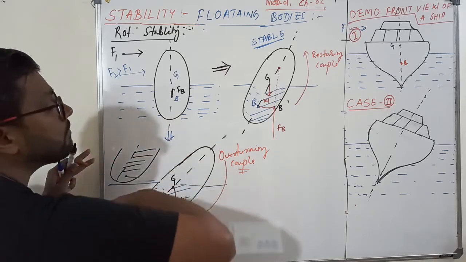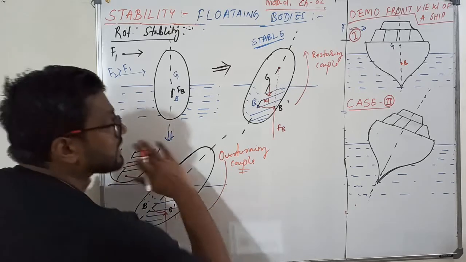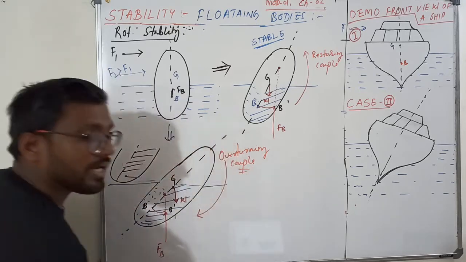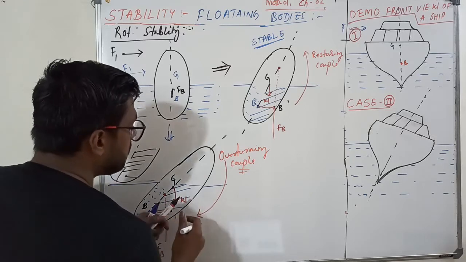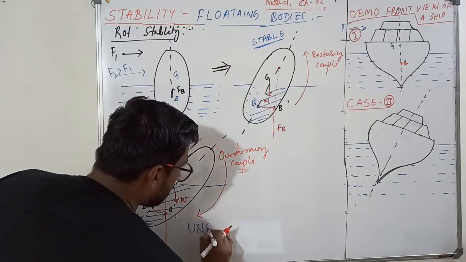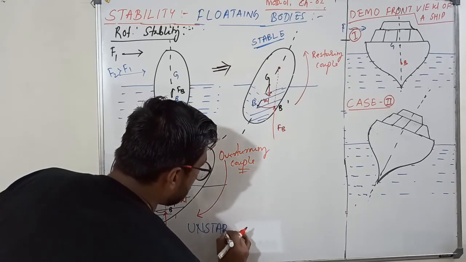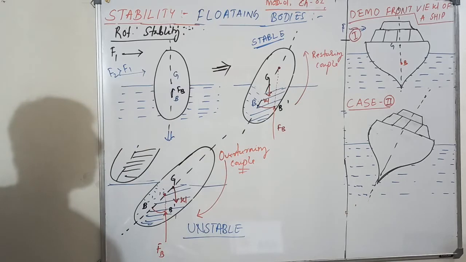In fact, it will go away from its initial position, and such kind of equilibrium we call unstable. That means the body has attained unstable equilibrium.